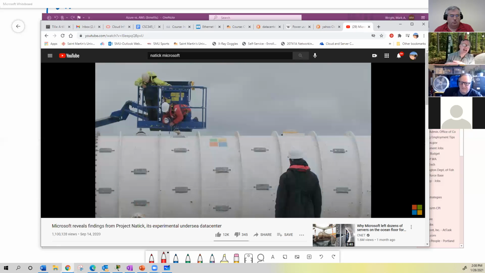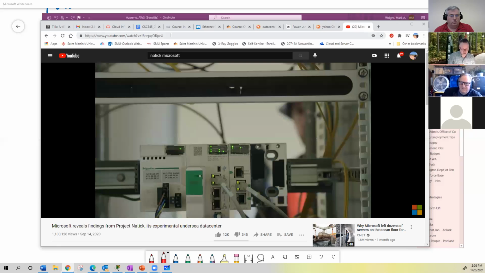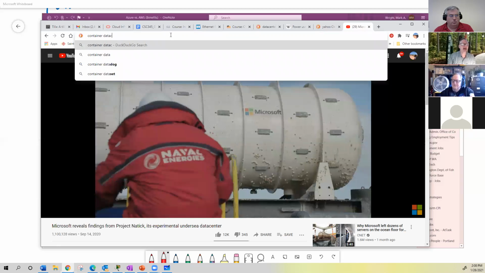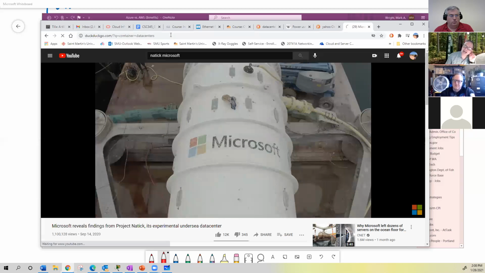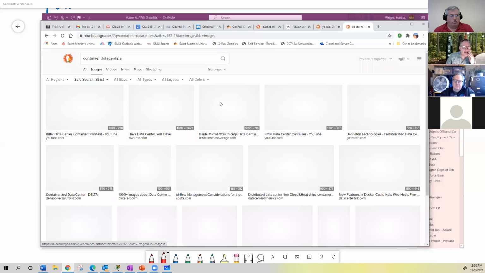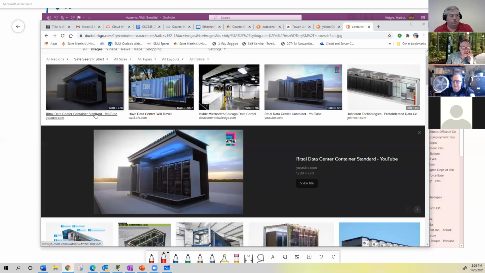You also have container data centers, and these could be dropped on land. They're like this: you've got racks inside a container.